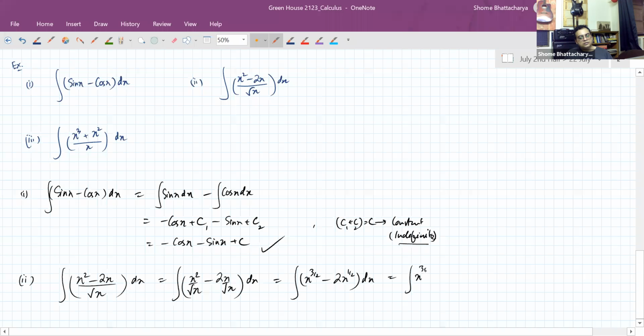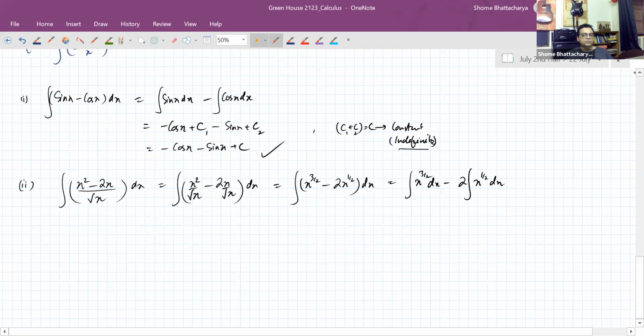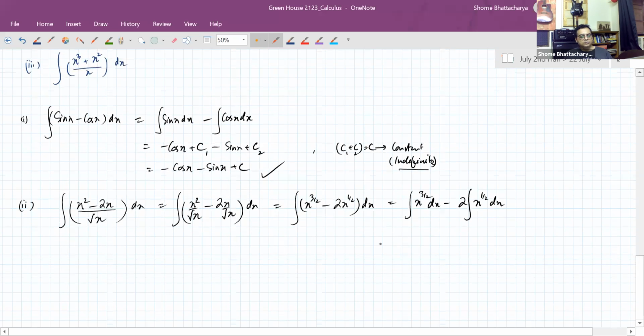Then integrate, dx here. So it is just a systematic application of the properties, nothing more than that.